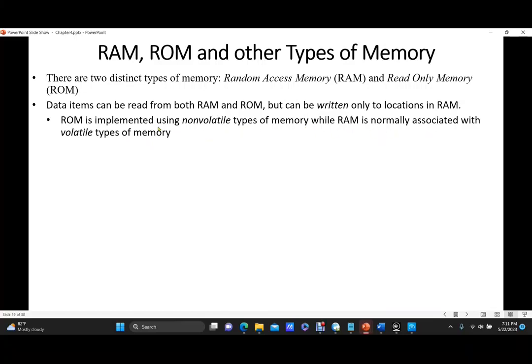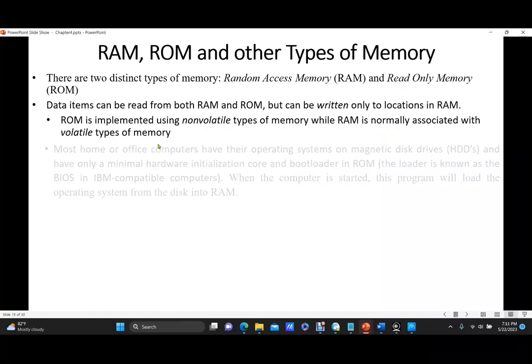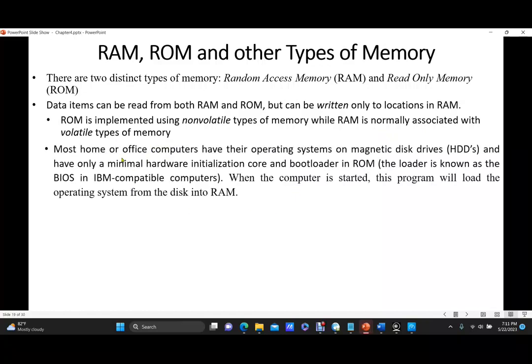RAM is associated with volatile memory. Most home and office computers have their operating system on magnetic drives, hard disk drives, and only a minimal hardware initialization core and bootloader in ROM. The loader is known as the BIOS in IBM-compatible computers. When the computer starts, the program loads the operating system into RAM.